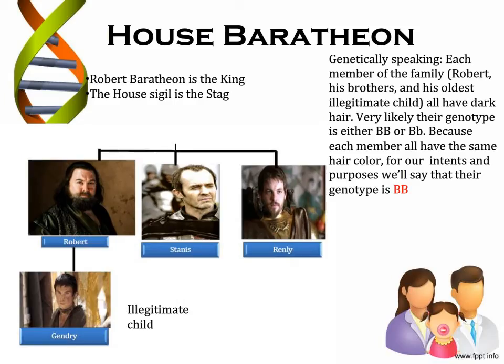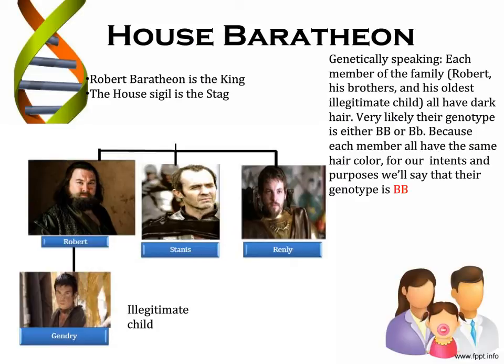Okay, let's first meet the House of Baratheon. The guy with the beard, the big guy, is Robert Baratheon. He is the king. Their house sigil is the stag. Next to Robert, his two brothers are Stannis and Renly.